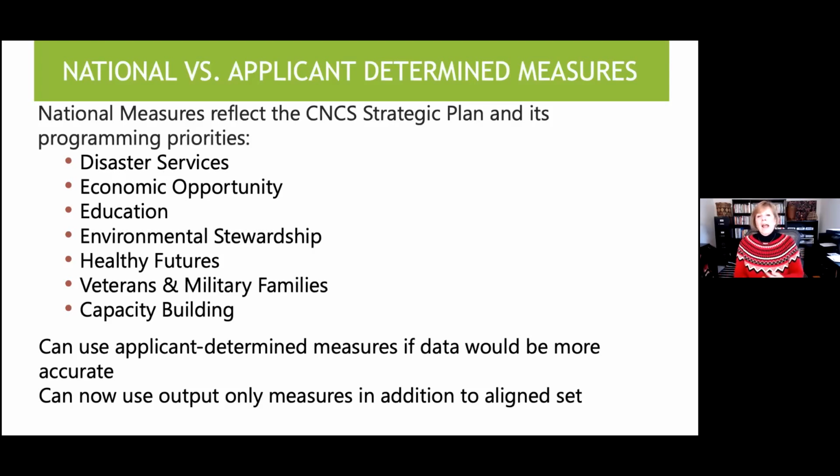Back in the early days, a lot of programs were begging, just tell us what you want us to measure. So CNCS held off on that for a really long time. And then they decided, all right, we're going to come up with some measures on things that are our priorities from our strategic plan. And we're going to come up with national measures.